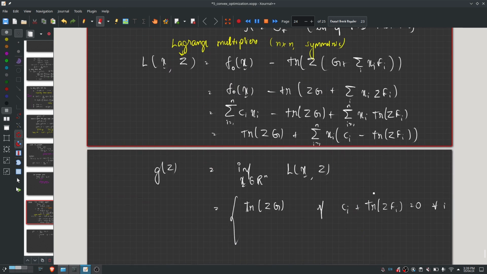So in other words, each trace of z times fi should be equal to ci for all i, and it's equal to minus infinity otherwise. I think there should be a negative here also.